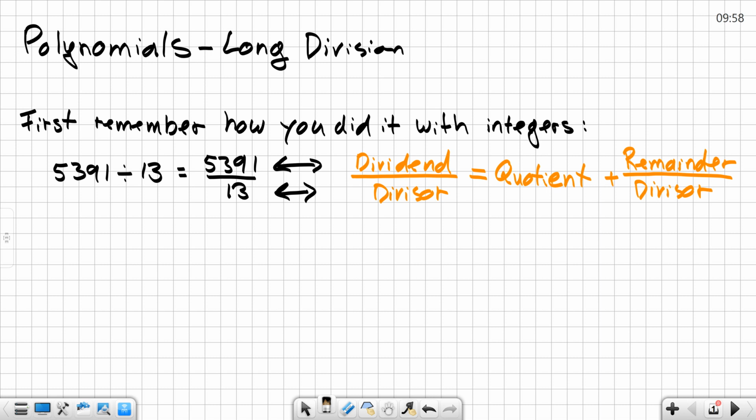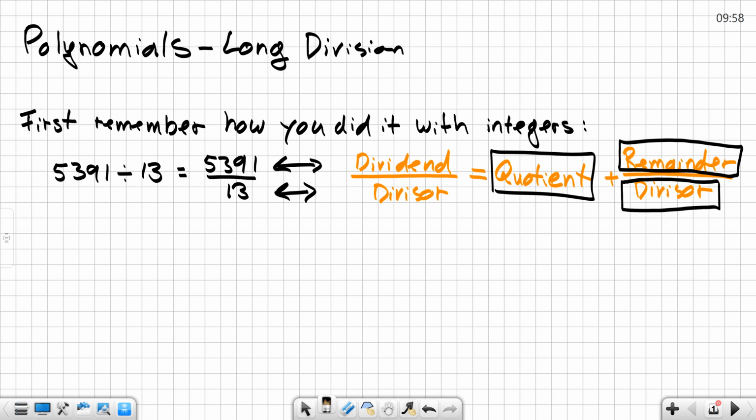And this is going to be equal to, once I have divided 13 in, the quotient, and possibly a remainder over the divisor. So we will have some left over, some remainder, maybe it will be just 0.